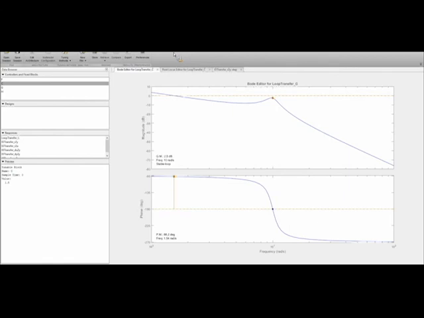The phase hasn't changed by changing the gain, but I've changed this distance here. And so I can now increase the gain a little bit. You're going to now get negative gain margins and negative phase margins. That just means it's unstable. But these are software tools you can play around with and see these distances as well.